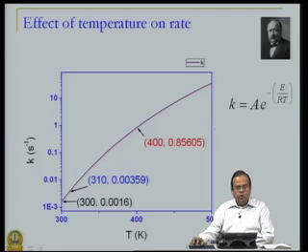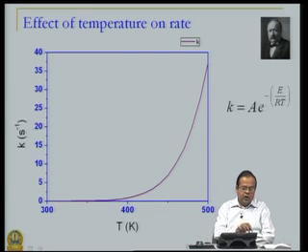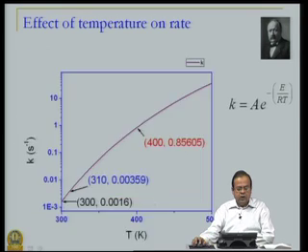But I want to point out another interesting aspect: what an exponential rate actually implies. The same information that we saw earlier, that k increases exponentially as we increase the temperature, let us put slightly differently.